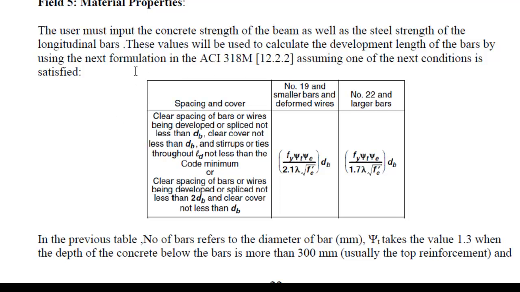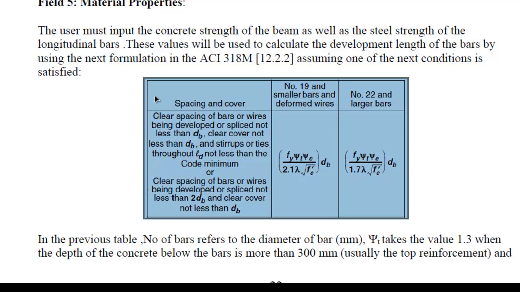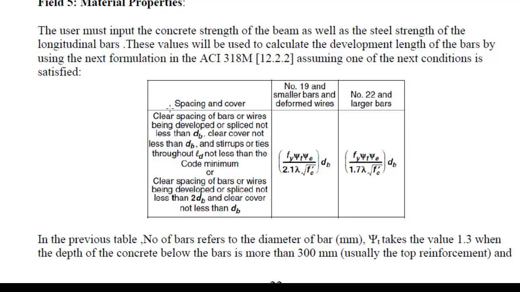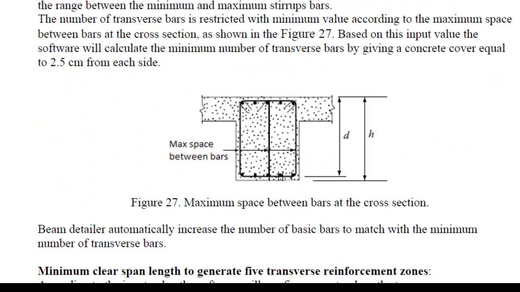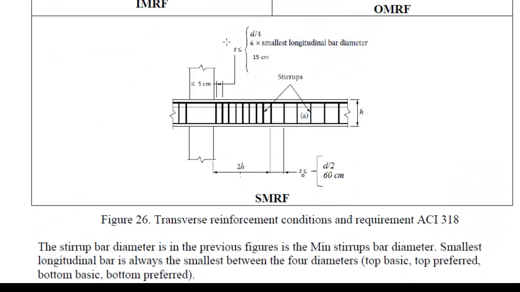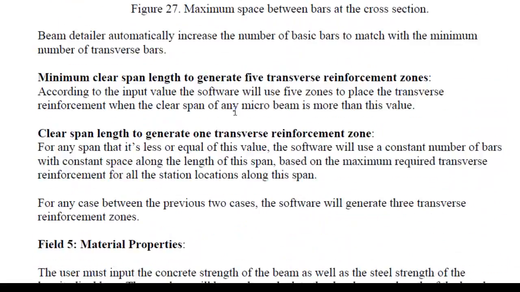If it's not satisfied, the user has to modify it. But since we are following the requirements of the frame type, this is already satisfied. So we can use this formulation, because we're already using these conditions.